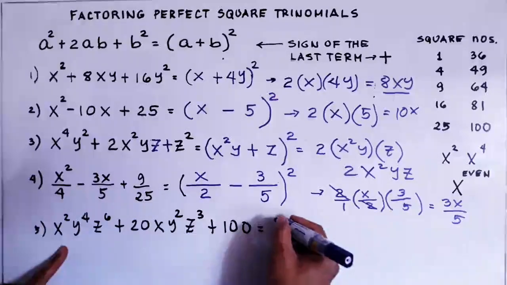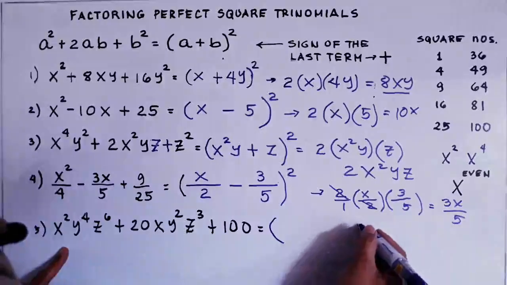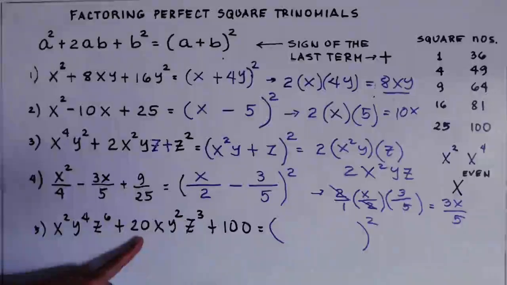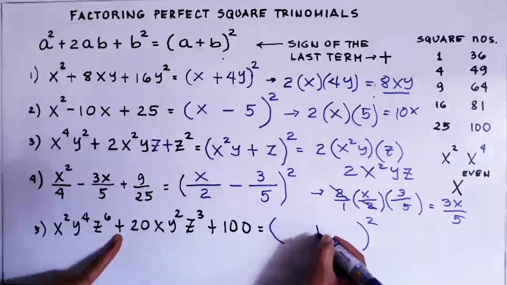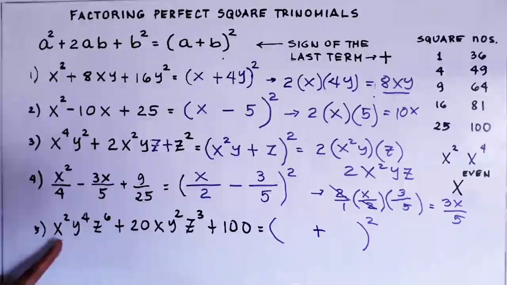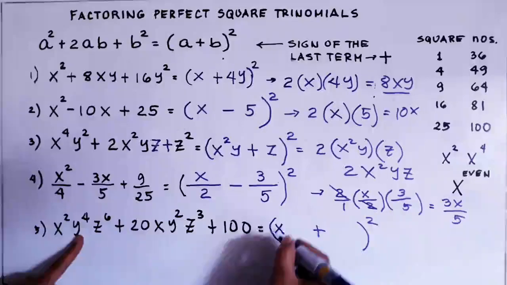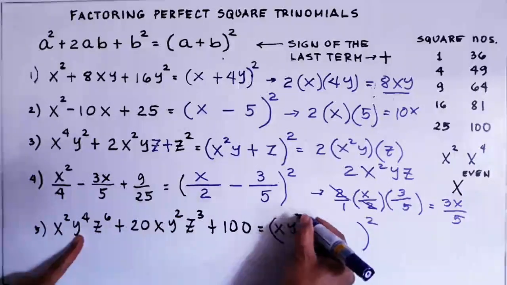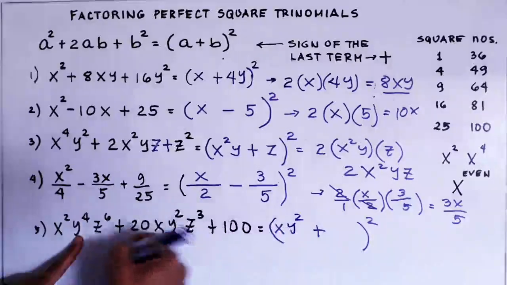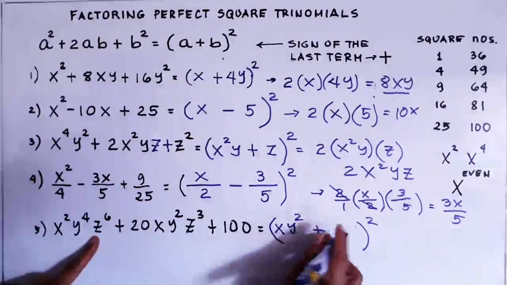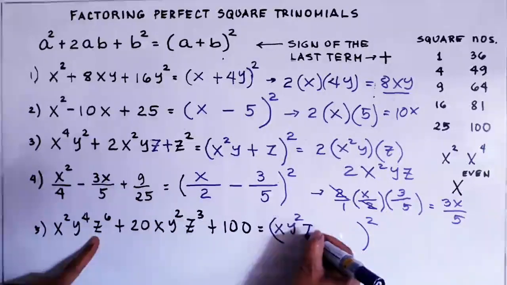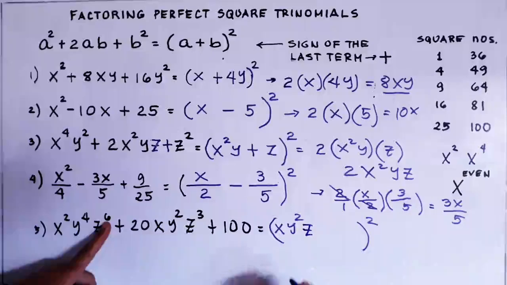Okay, number 5. Okay, we have this square. We have the sign of the middle term, which is positive here. Now let's take the square root of x squared, x. Square root of y to the 4th is y squared, because y squared times y squared is y to the 4th. And z cubed, which is half of 6.